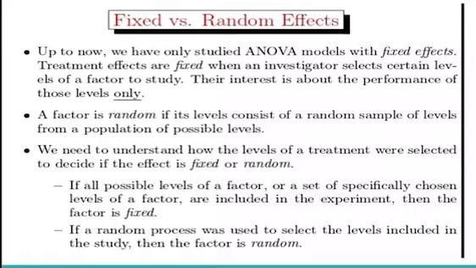That is the reason why in that kind of situation, we need a random effect instead of a fixed effect. I think I gave enough definition here. I said a factor is random if its levels consist of a random sample of levels from a population of possible levels. There are so many levels, and you only select some levels to study. Because of that, it becomes a random effect.